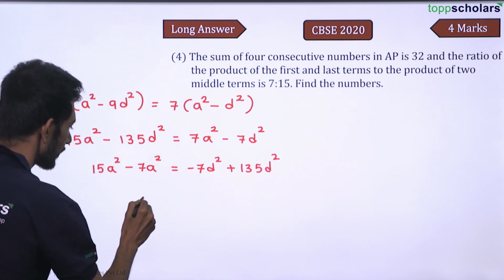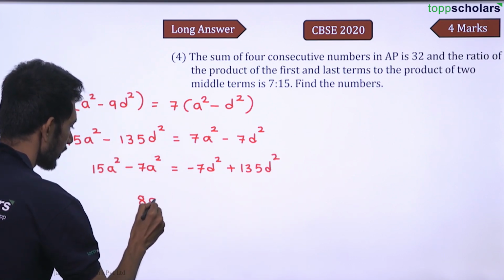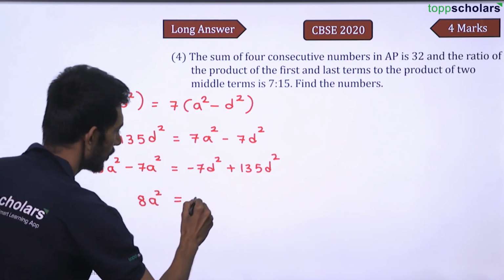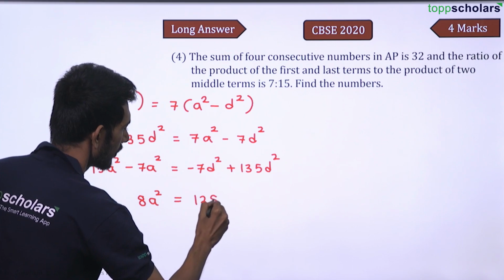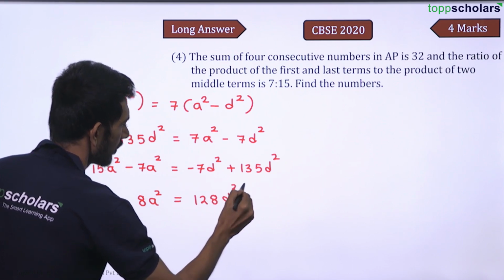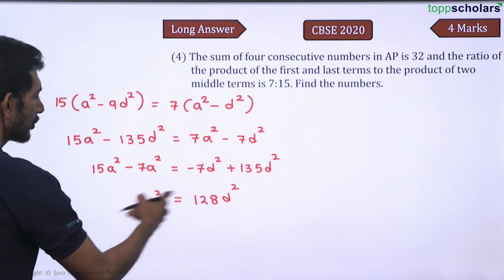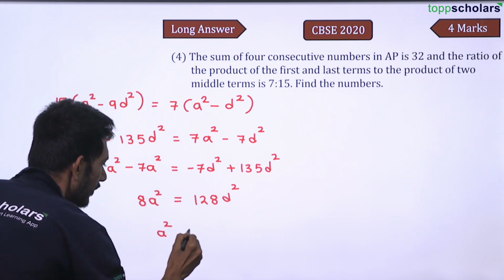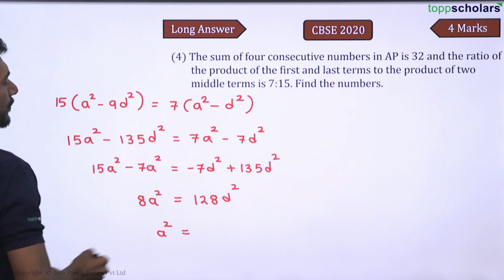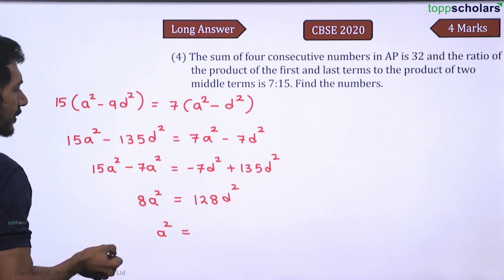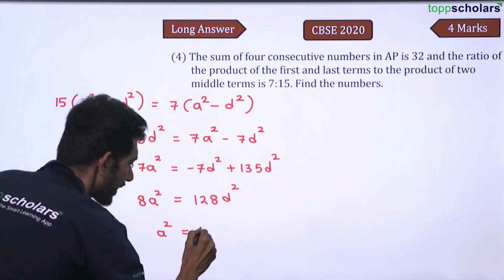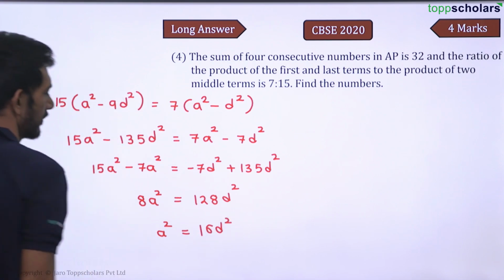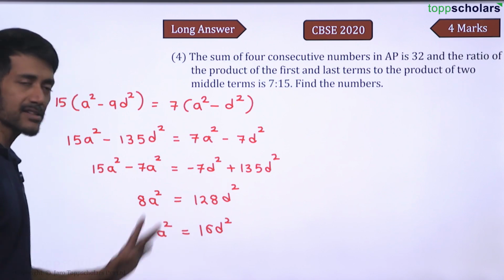So this becomes 8a square is equal to 128d square, right? So if I divide by 8 on both the sides, I get a square is equal to 128 divided by 8, that is 16, right? So a square is 16d square.